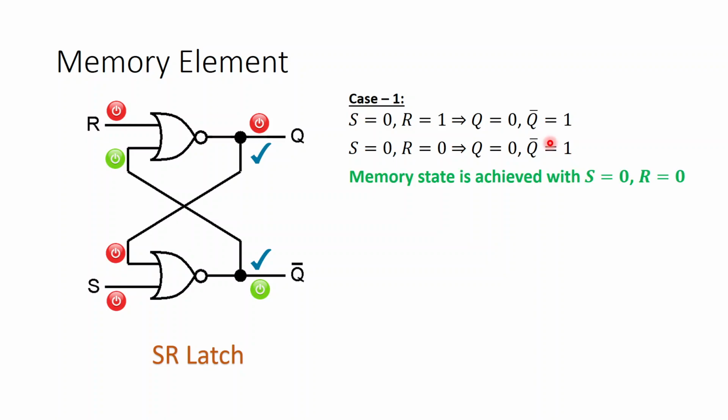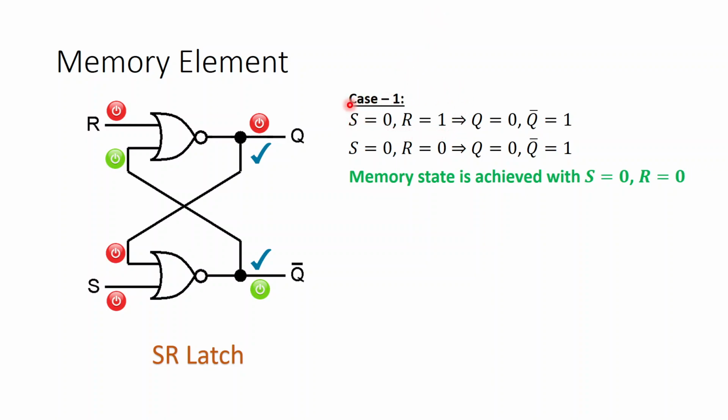Now we have to check for S equals 1 and R equals 0, but before that there is a comment. The comment is this, that since the output is not changing, we can say that we have achieved the memory state with S equals 0, R equals 0 for this particular combination.